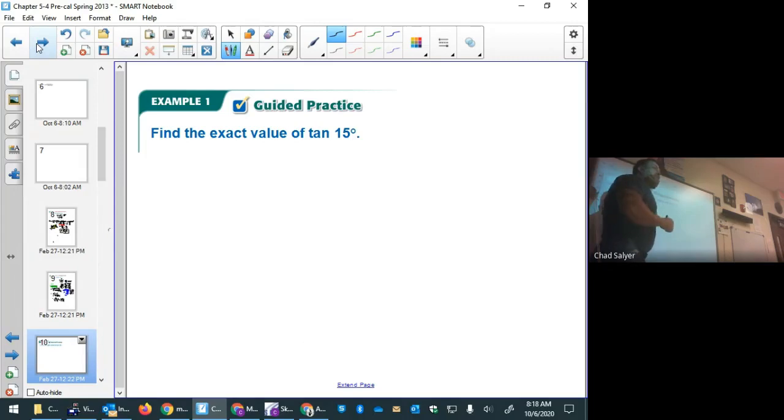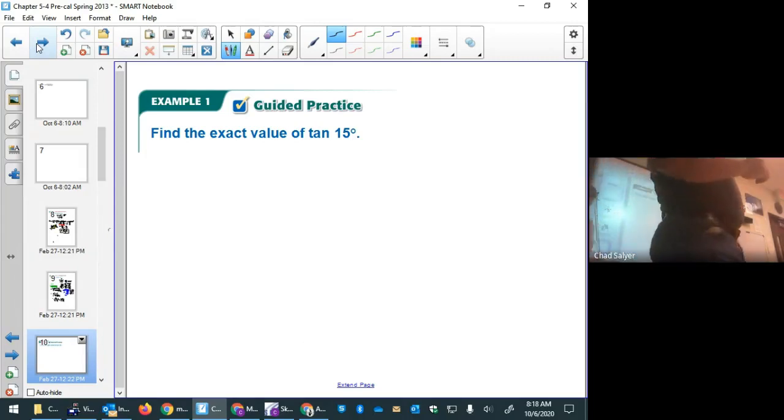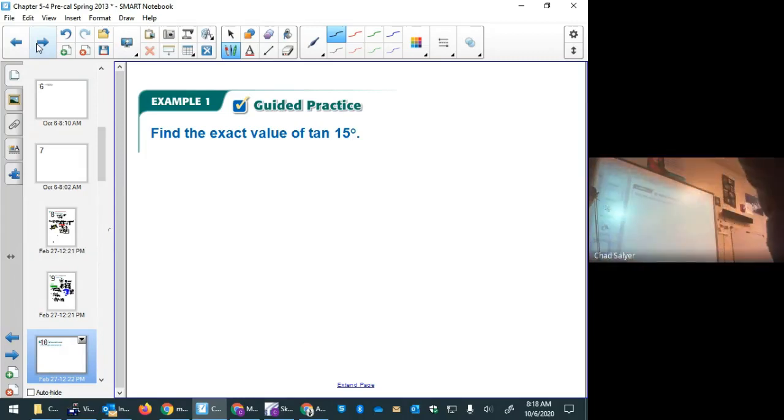So here's one for you. See if you can figure it out. Find a sum or a difference that has 15, and then apply the appropriate formula.